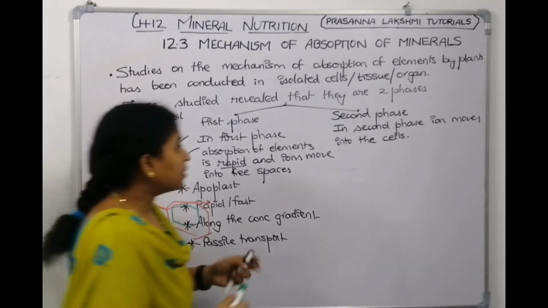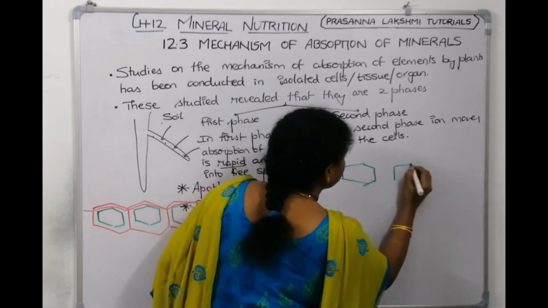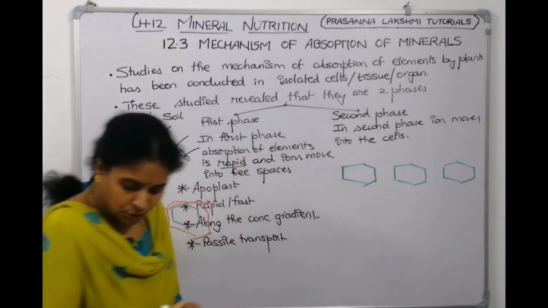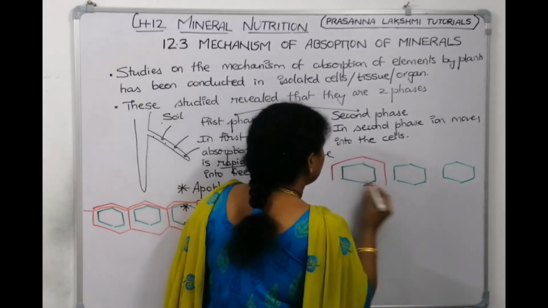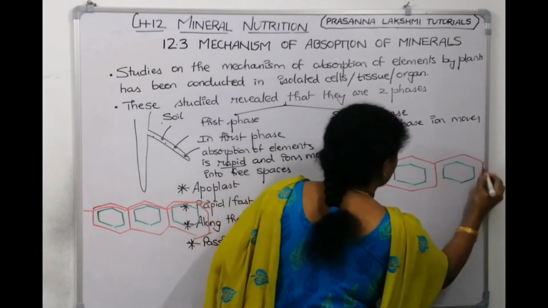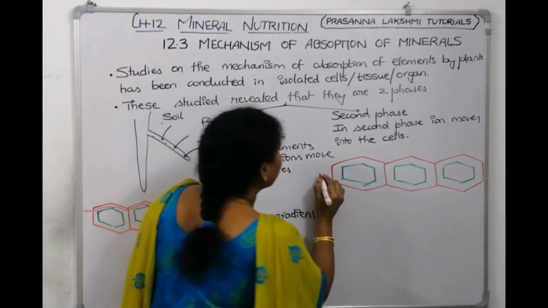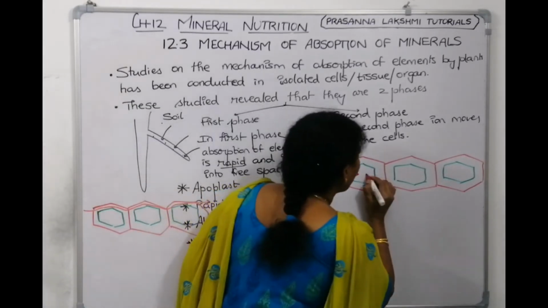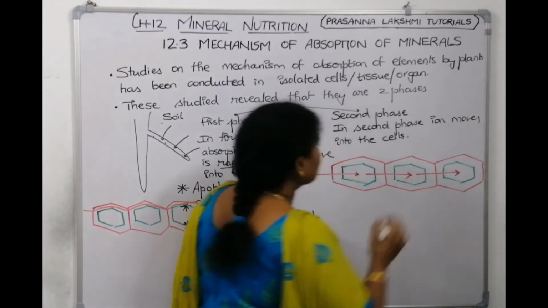If we have to draw the picture again to explain this transport, right? So now this is the wall. Here the ions are moving into the cell, and from here they are moving into this cell, and from here into this cell.